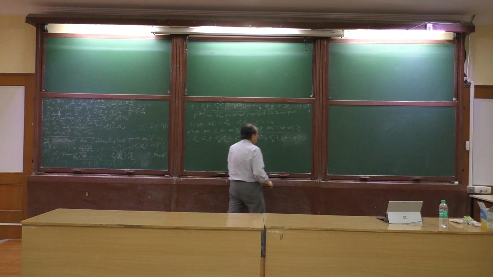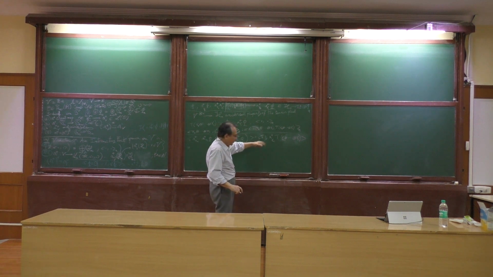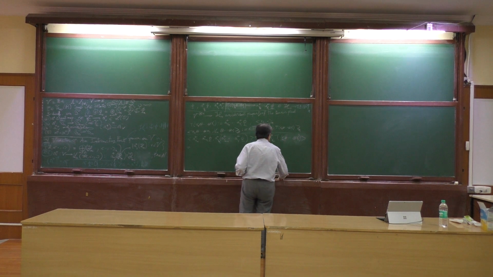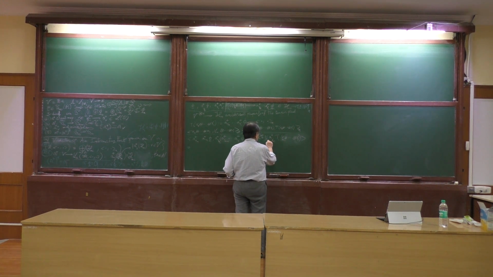Now, using the fact that we have a well-defined inverse, I can simply multiply and divide here by T minus 1.